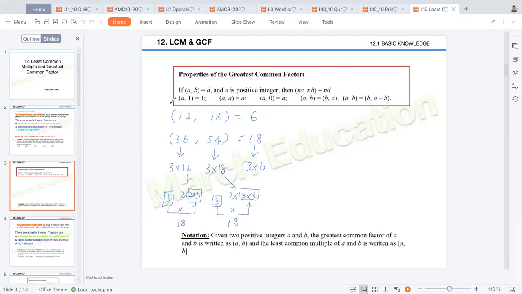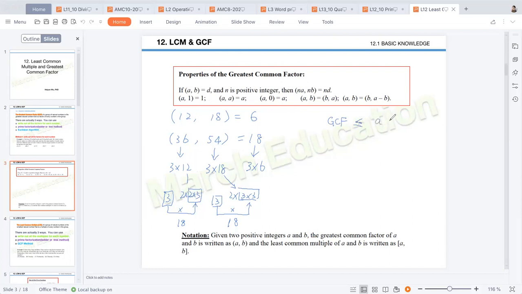And some other laws. If we need to find the greatest common factor of 1 and another number, it should be 1. Because the greatest common factor is always less than or equal to both of these two numbers, okay?